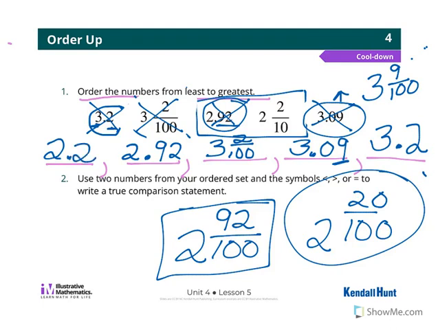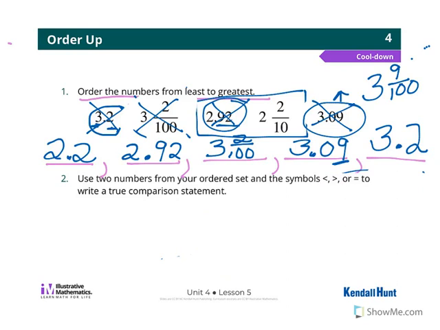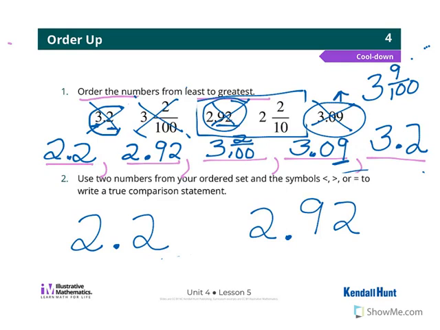All right, for number 2, you just had to pick any of the numbers and write a true comparison statement. So, for example, if I have 2 and 2/10 that I'm comparing to 2 and 92/100, I'm going to make my greater than sign facing the bigger number.